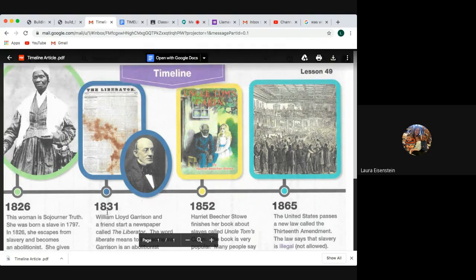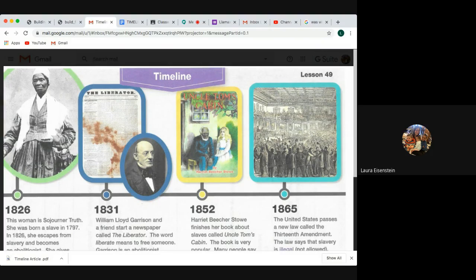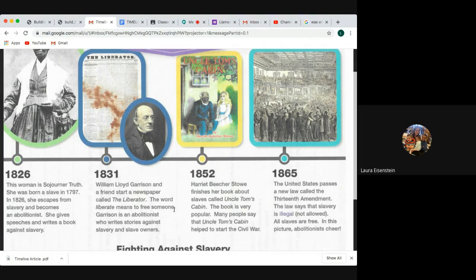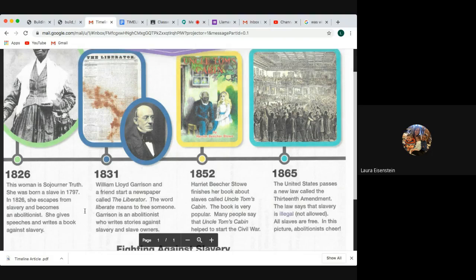All right, 1831. William Lloyd Garrison. So this is William Lloyd Garrison. 1831. William Lloyd Garrison and a friend start a newspaper called The Liberator. Here's the newspaper right here, The Liberator. The word liberate means to free someone.